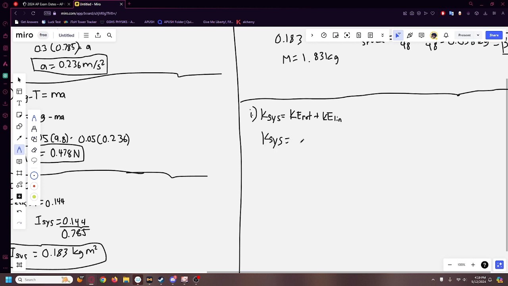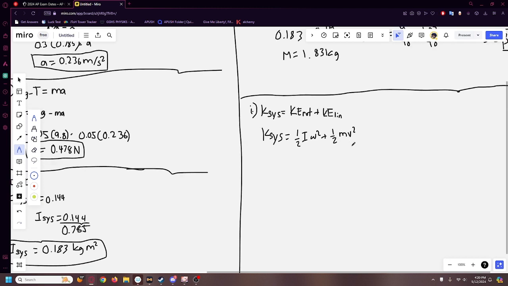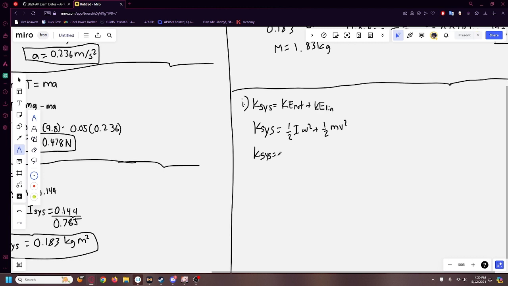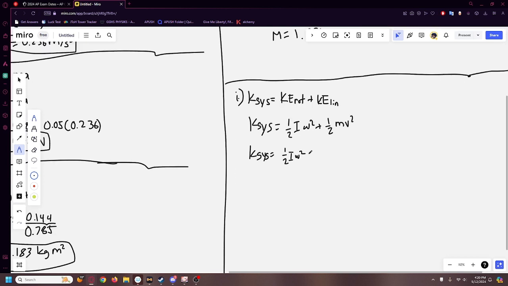So this is equal to 1/2 I omega squared plus 1/2 mv squared. So it's the same thing as 1/2 I omega squared plus 1/2 m r squared omega squared.